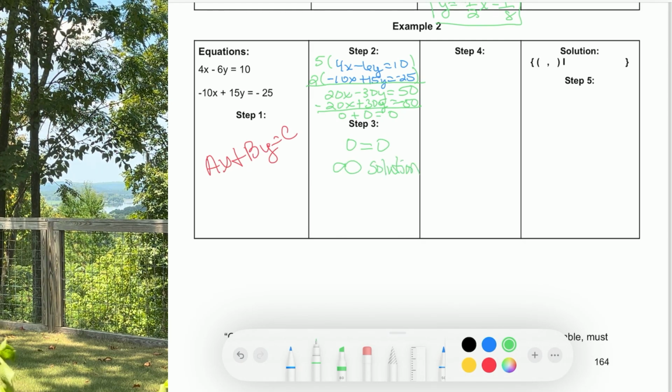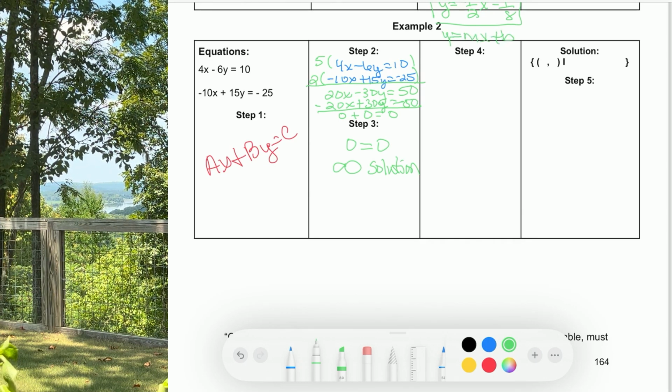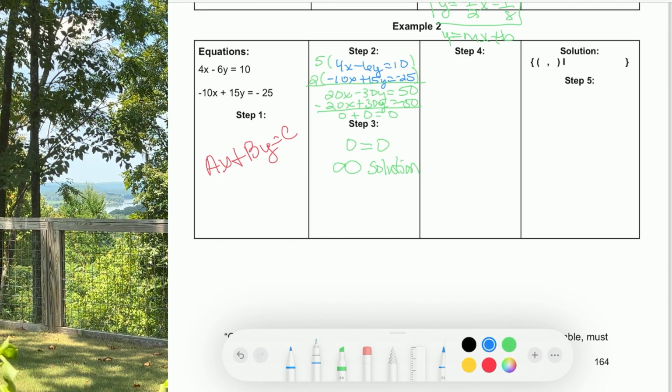But let's check it, just like we did the other. Let's get it into the y equals mx plus b form so we can compare our slopes and our y-intercepts and verify that they are in fact the same line, which is what infinite solution tells me. So I'm going to take my 4x minus 6y equals 10 minus the 4x from both sides.